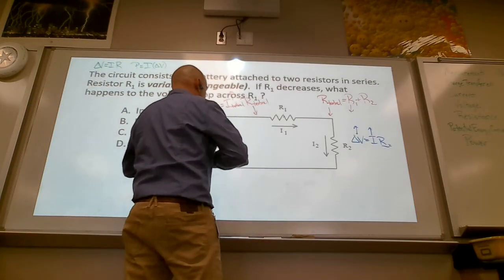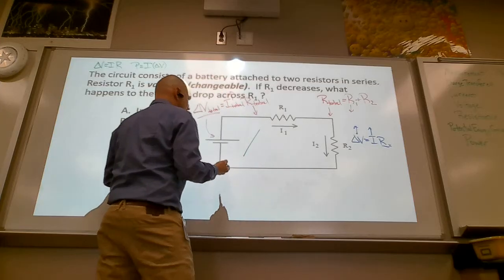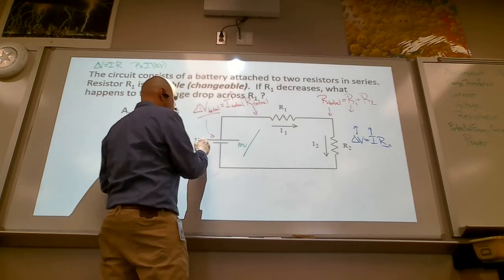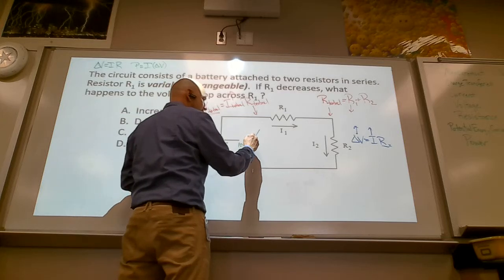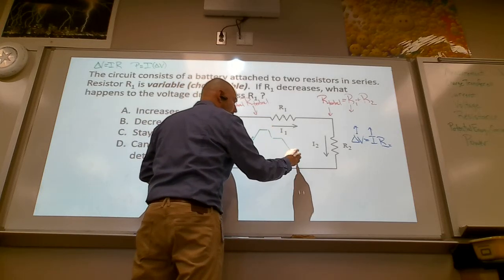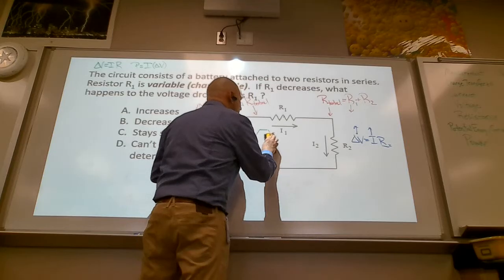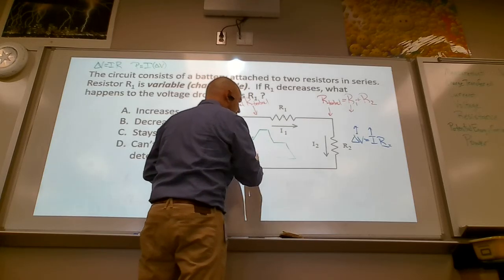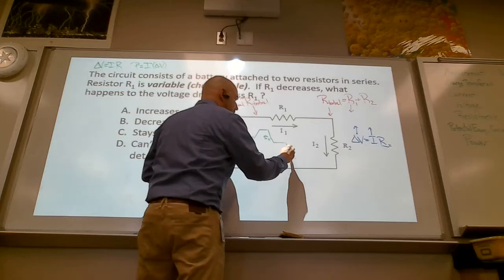Okay? So, here we have, I'm going to say 10 volts, 10 volt battery. Your ladder is 10 volts. That doesn't change. When we do this, let's say they start out equal. So it's like a 5 volt drop and a 5 volt drop.